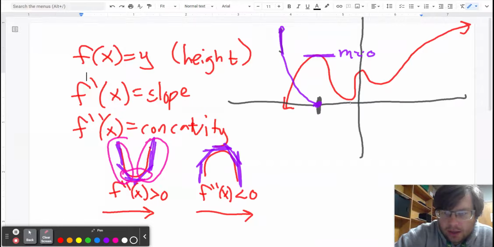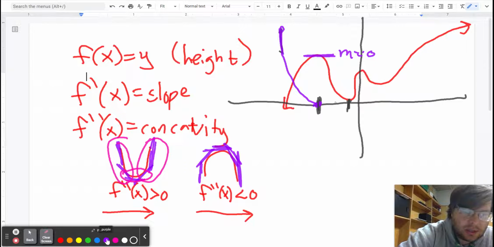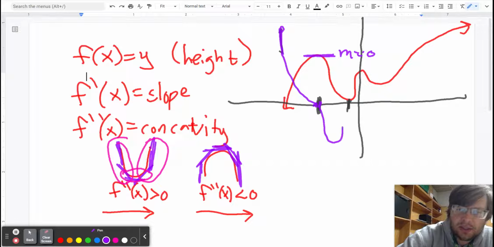Then I look for the next flat point, which is right about here. In between these two black marks, my red curve is going down, and that means those tangent lines would be negative. It goes down pretty steeply, then goes flatter, and it reaches 0 right there.